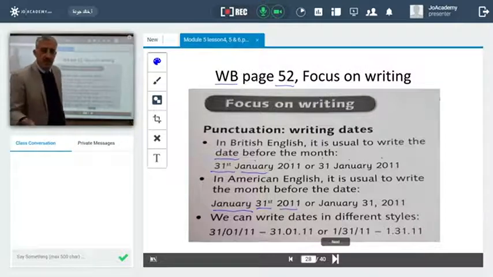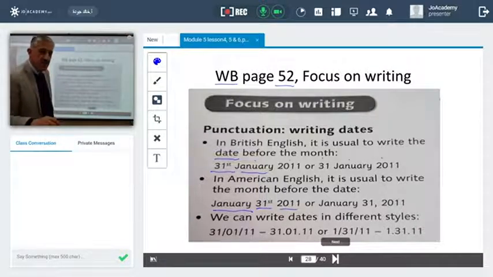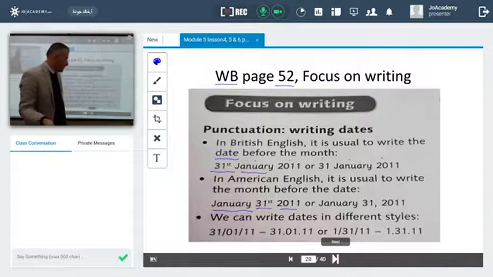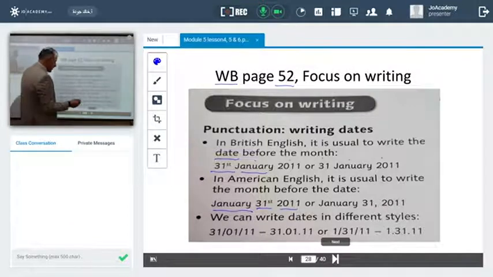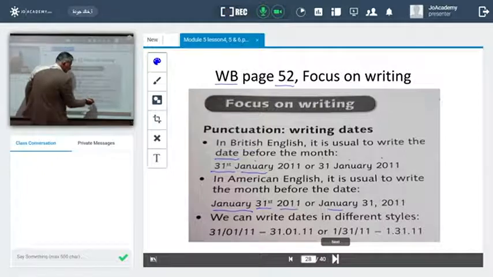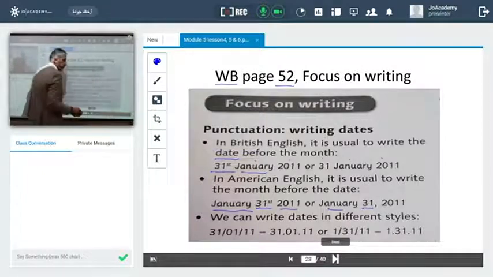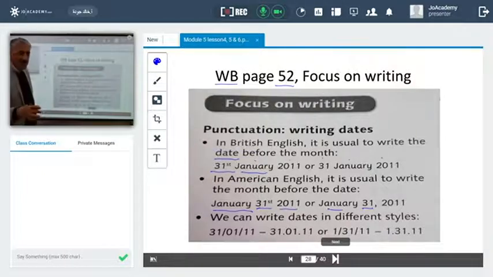They start with the month, then after that they write the date, then the year. Or they can write January 31, 2011. So Americans start with the month, the British start with the date, then month, then the year.